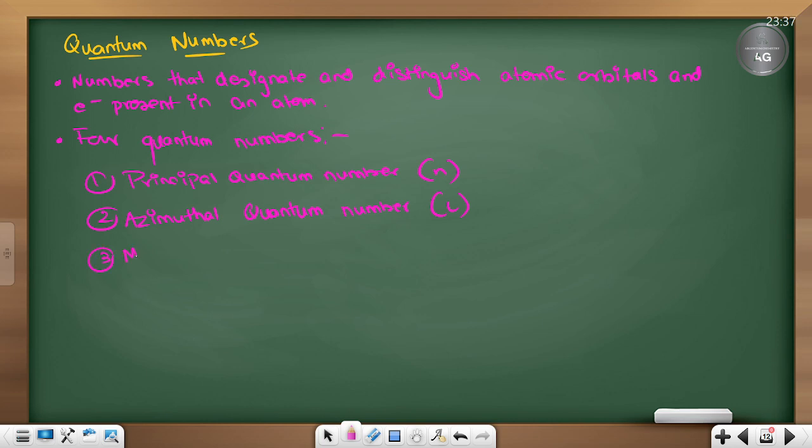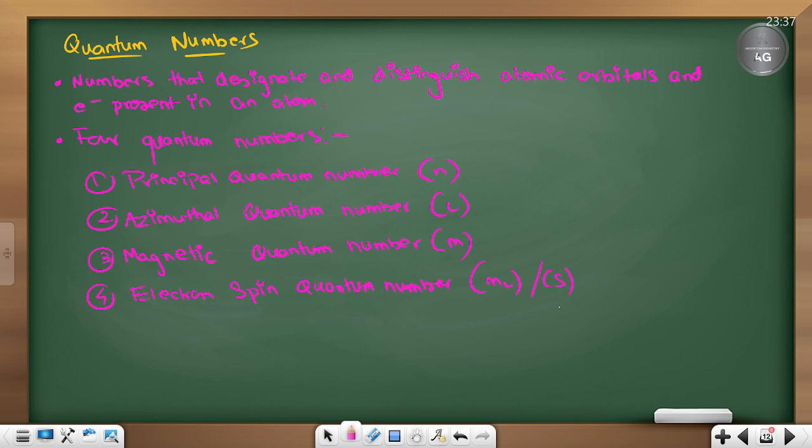Third one is magnetic quantum number, usually represented by m. And last one is electron spin quantum number, or simply spin quantum number as well, represented by ms, but you will find in some books it is also given as s. So s also works.